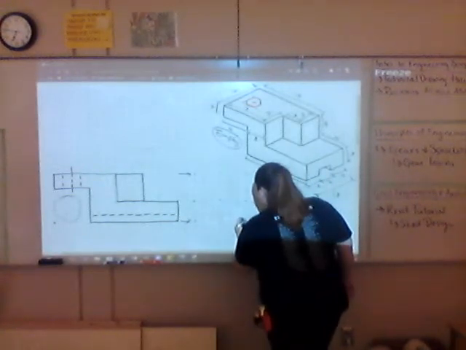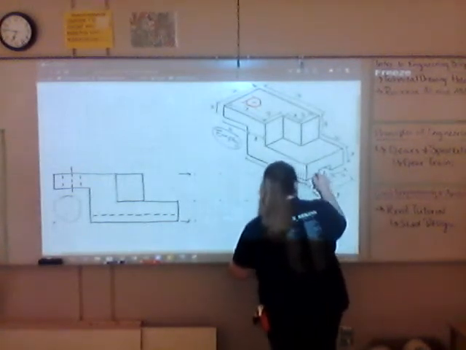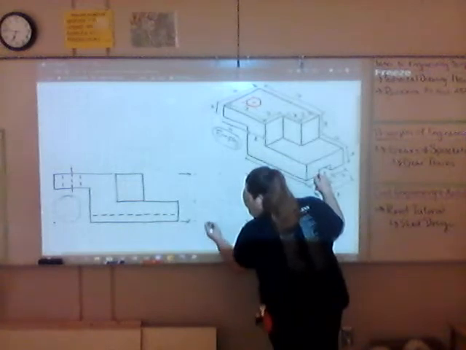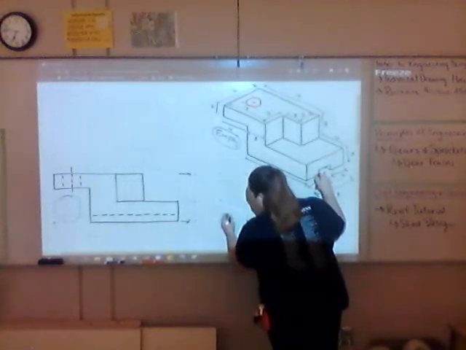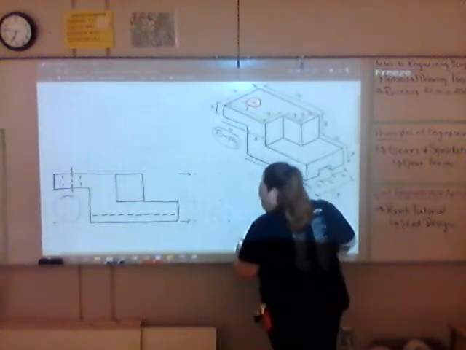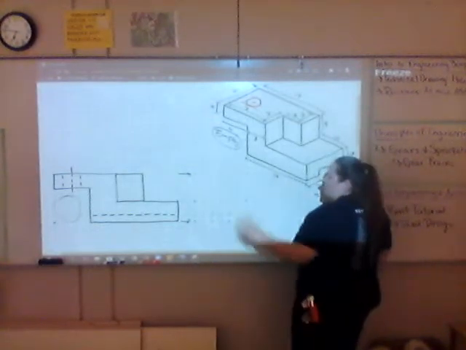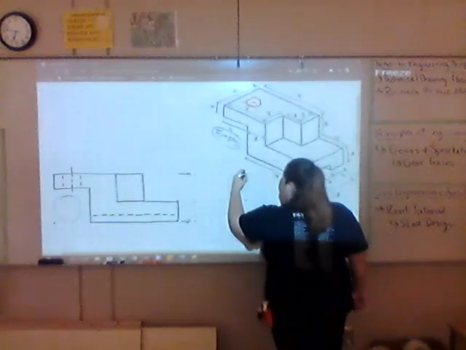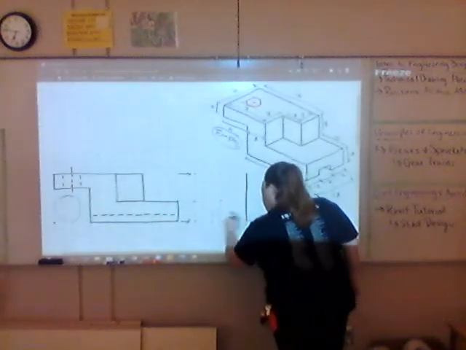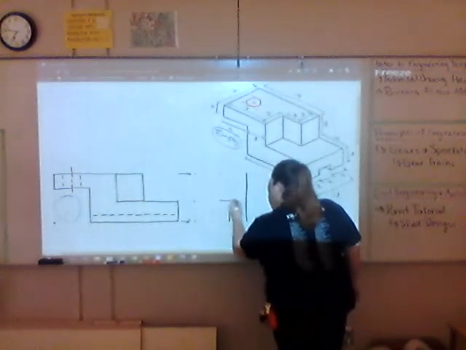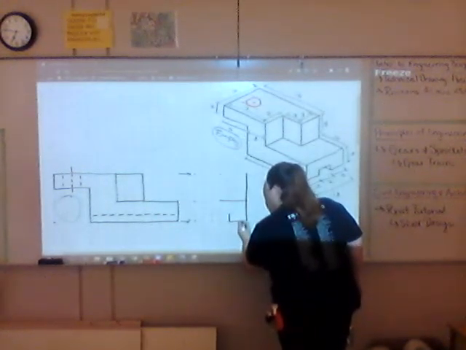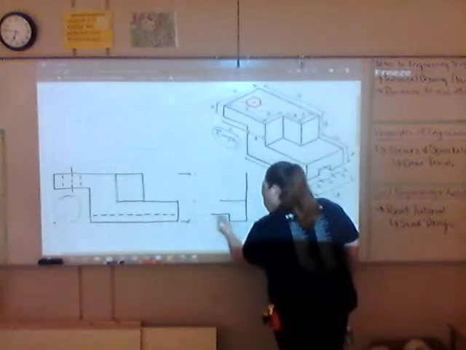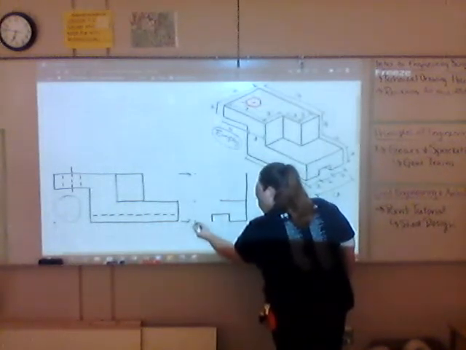And then come back down 3. Now I just need to account for this slot right here, which goes in 2, up 1, over 2, and then down 1. Okay, so that accounts for all of our object lines so far. And then filling it in, we're going to see this.